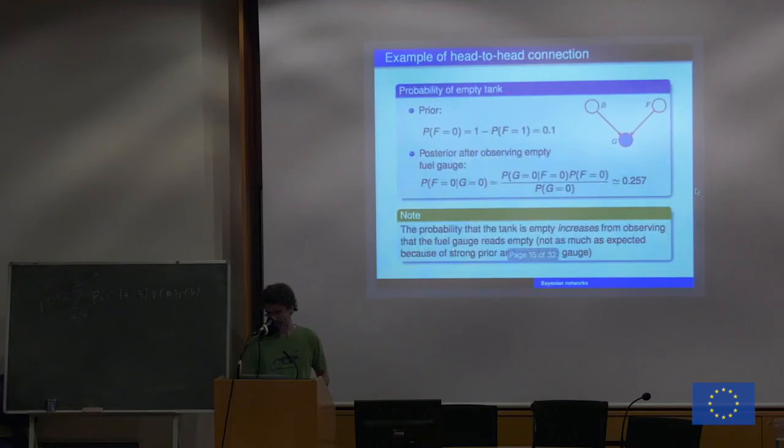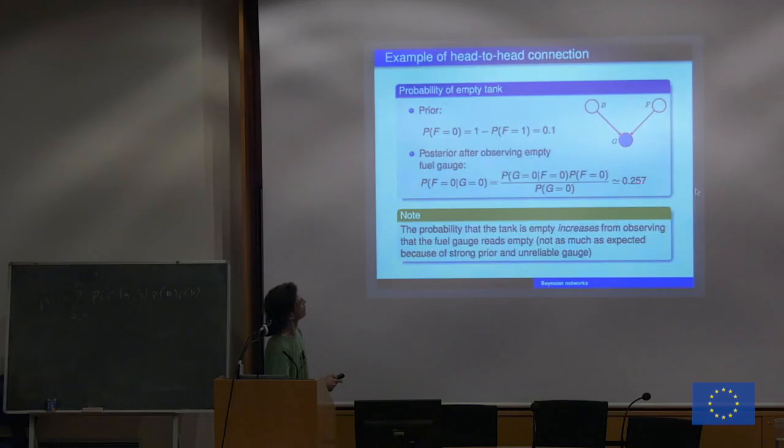Now, if you observe the fuel gauge, say G is 0, so the gauge is down, you are interested in knowing whether the fuel tank is full or not. So you're interested in P of F equal to 0 given gauge 0. Should I go and get more oil, or is there something else going on?